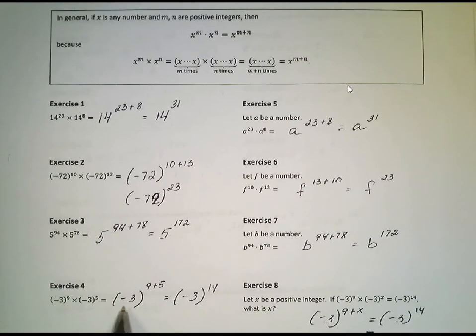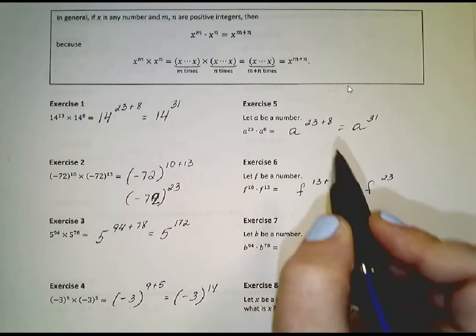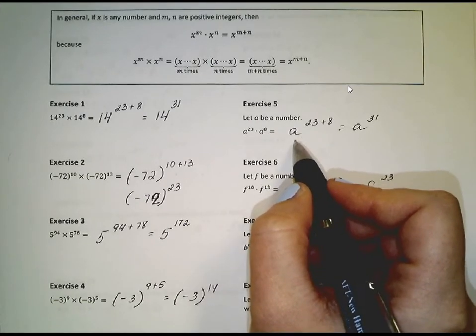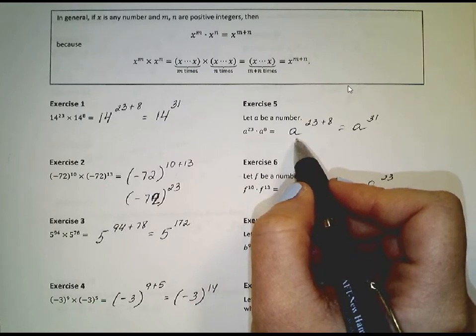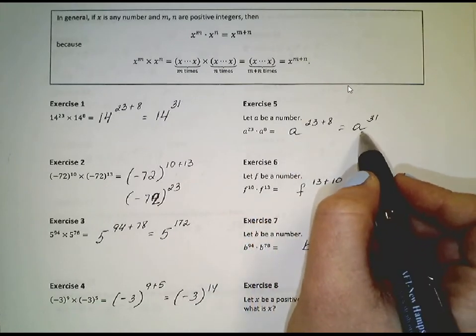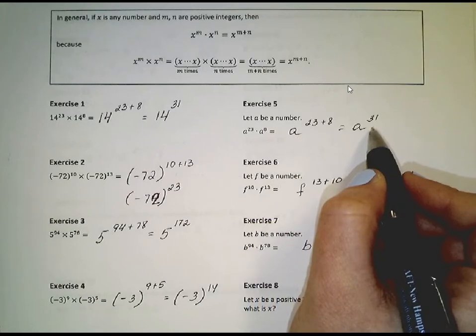Exercise 4, negative 3 to the power of 9 times negative 3 to the power of 5. You're adding exponents, and you get negative 3 to the power of 14. Number 5, same exact thing, but our base is a variable. A to the power of 23 plus 8 is a to the 31st power.